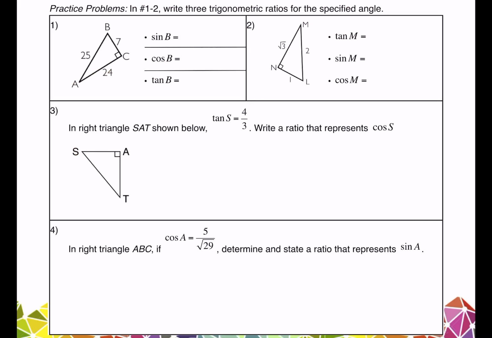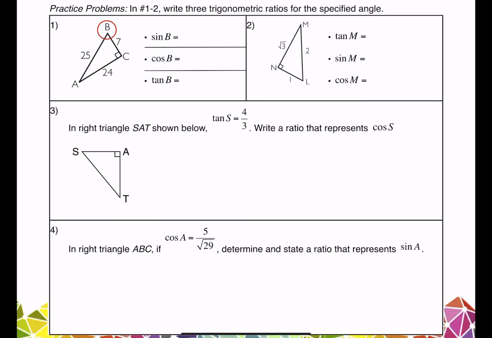All right, so we're going to look at how we would use this in practice problems 1 and 3. So in practice problem 1, we're really just asked to write the ratios for sine, cosine, and tangent for angle B. So the first thing I would do is label my triangle like we did in the first video.